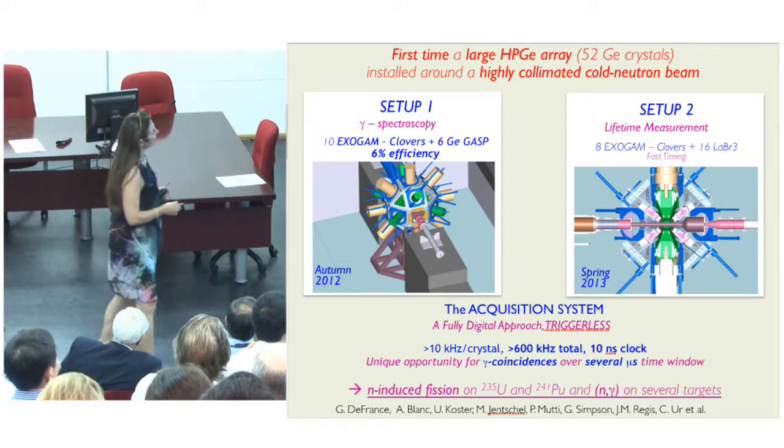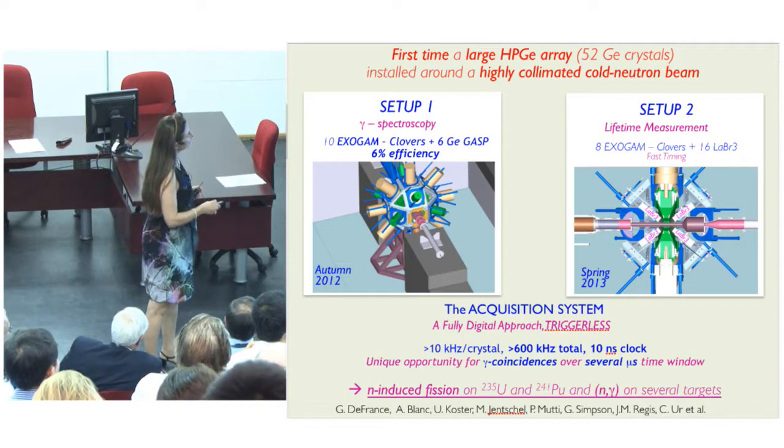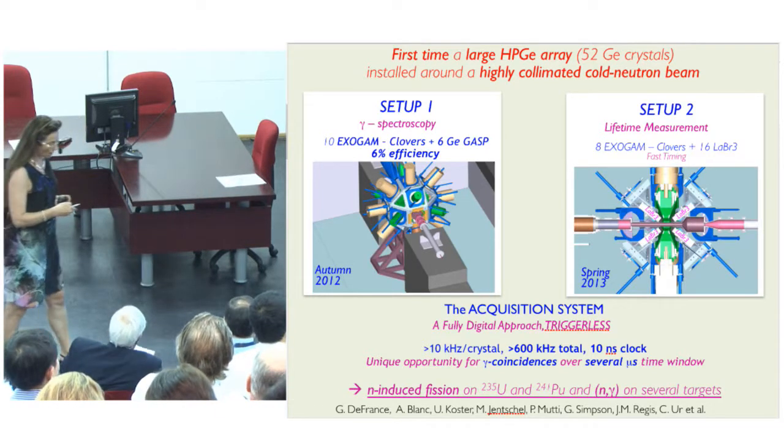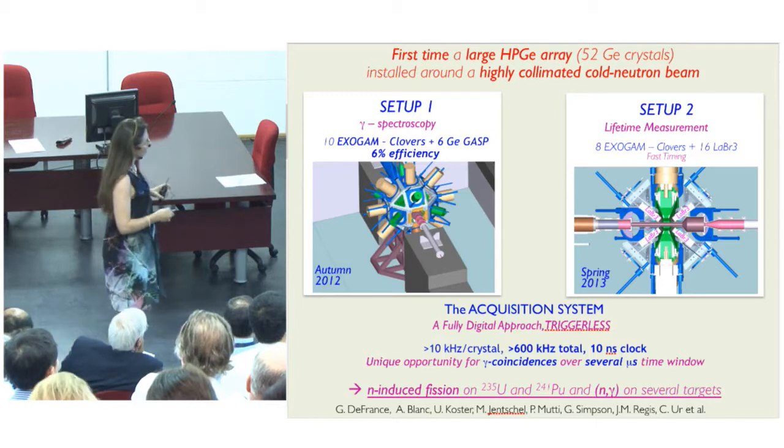And in the second part of the campaign, some germanium detectors were replaced by lanthanum bromide fast scintillators to allow fast timing measurement for lifetimes.